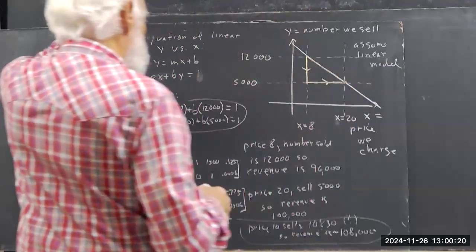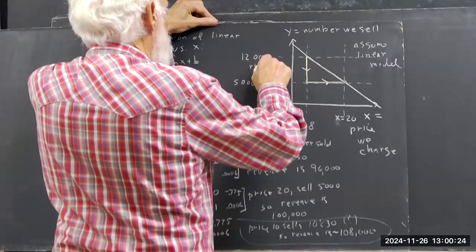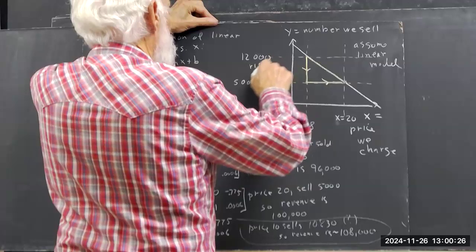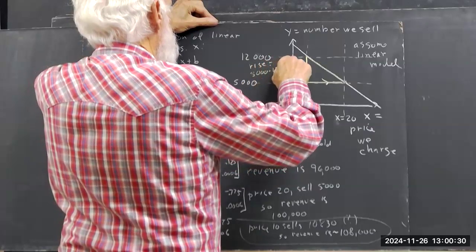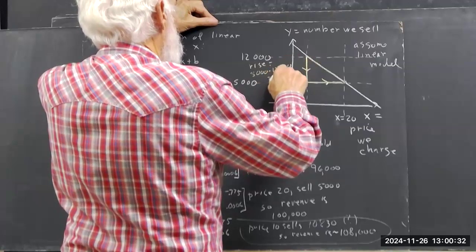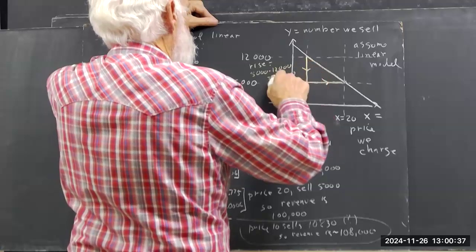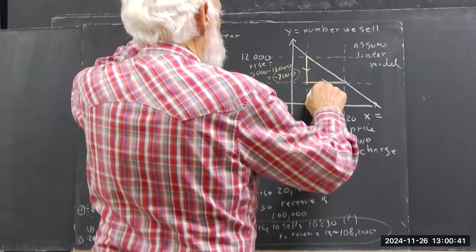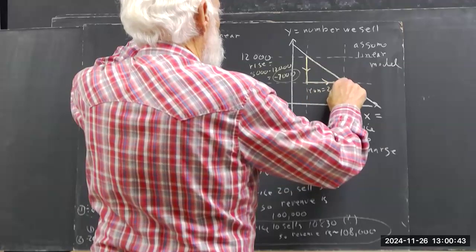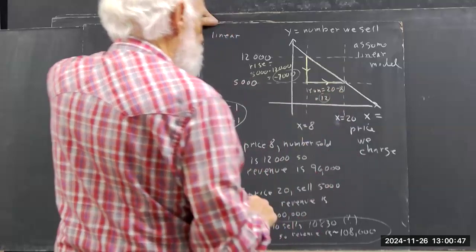I'll put my arrows on to make sure I don't miss anything. My rise is negative 7,000, over 12.